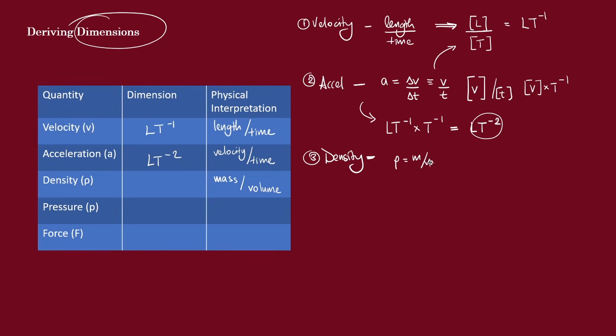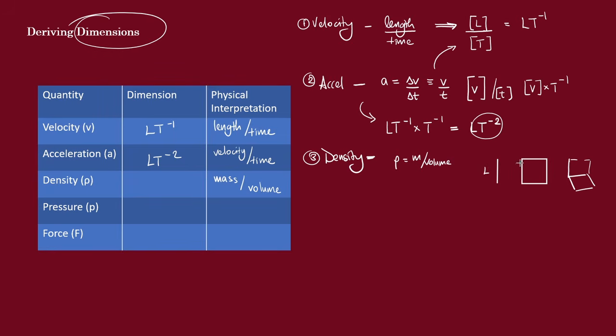Now this is volume, so we ask ourselves, what's the dimension of volume? Know that a single length is L. When we're dealing with area, it's length times length, which is L squared. But if we're dealing with a volume, we're multiplying length 3 times, so that's going to be L cubed.